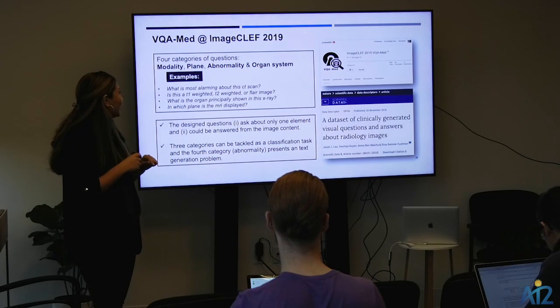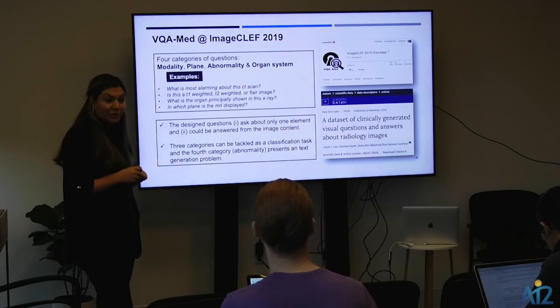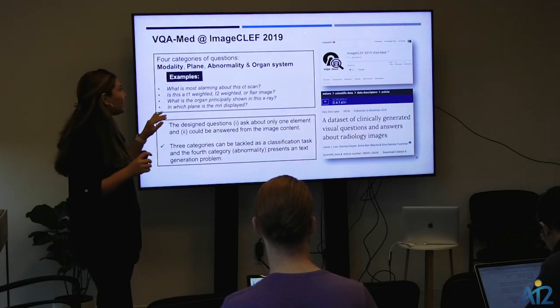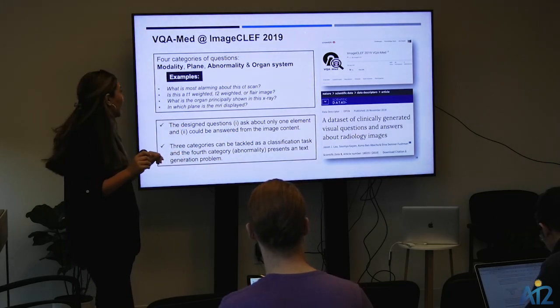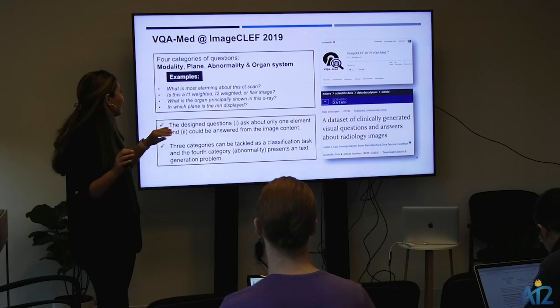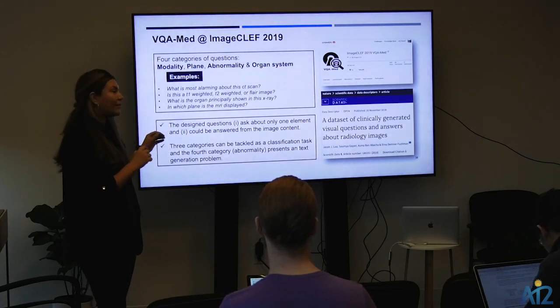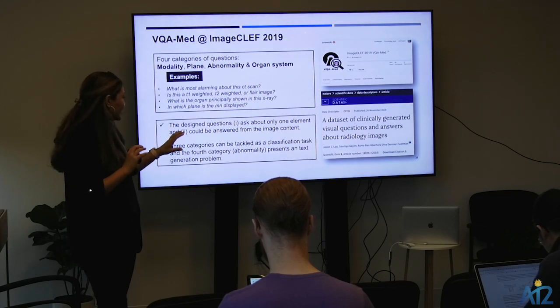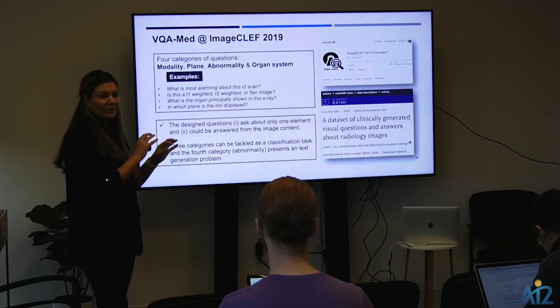So we organized the VQA-Med challenge at ImageCLEF. In this second edition of the challenge, I targeted four categories of questions. These categories are modality, plane, abnormality, and organ system. And I designed the questions and also the answers following some specific rules.